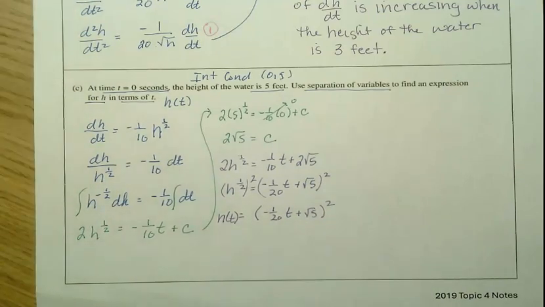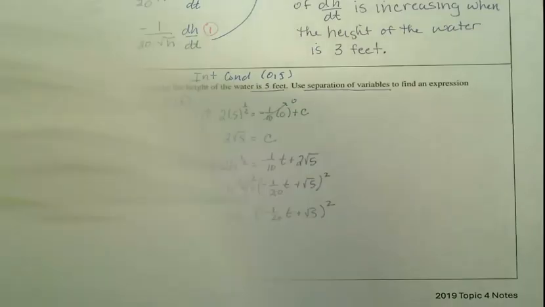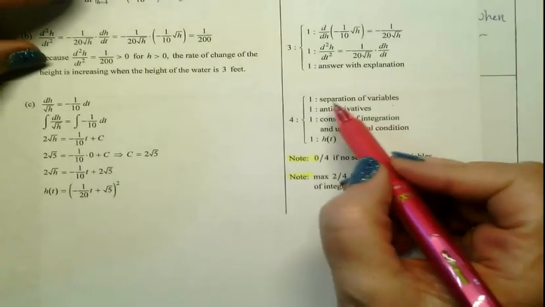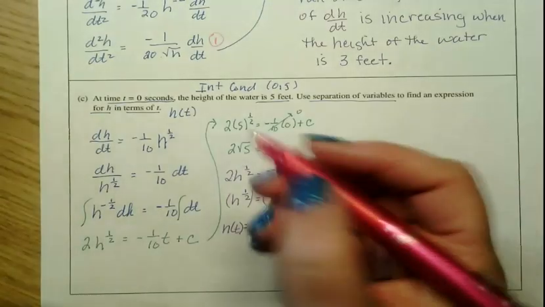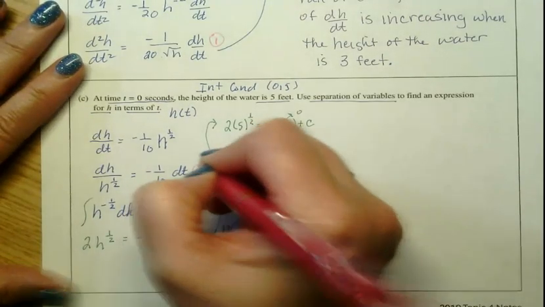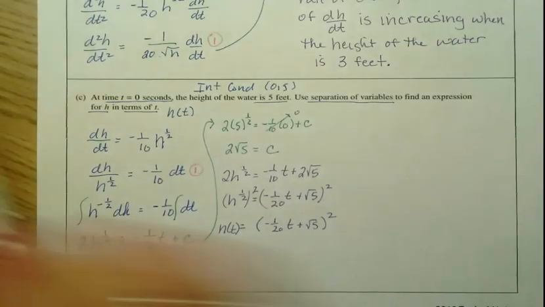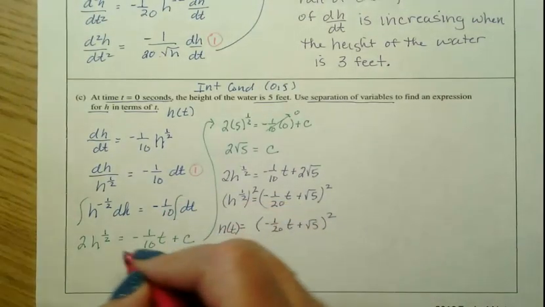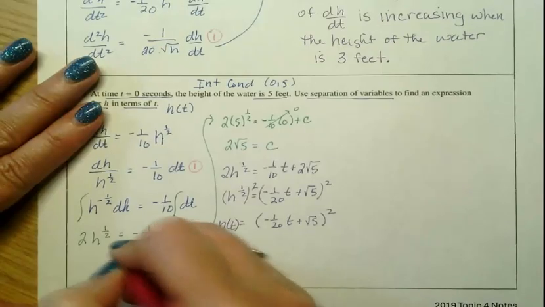All right, so let's go to our scoring rubric one last time. In this section, you can see we have a possibility of 4 points. 1 point if you separate the variables, so we got our 1 point when we separated the variables there. We got 1 point for the antiderivatives, so when we took the antiderivatives on both sides, we got a point here.